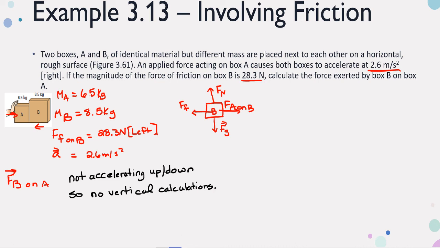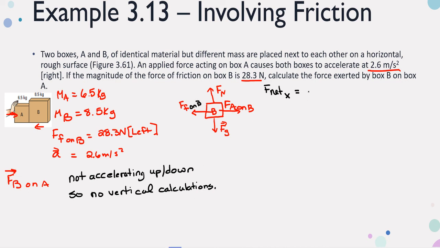Let's look at our F net in the x direction though. F net x. So we have 2 things happening in opposition of each other here. We have our force of friction, we have our F A on B. This really should be F. No, this is force of friction on B. I just need to write it out better.